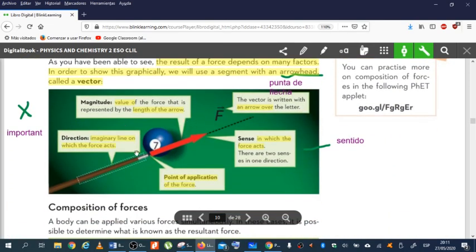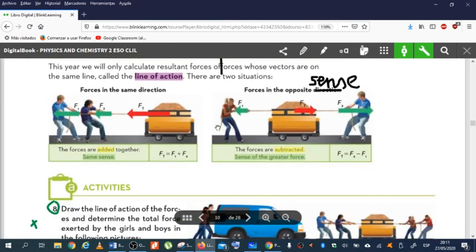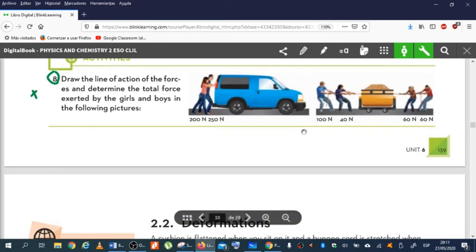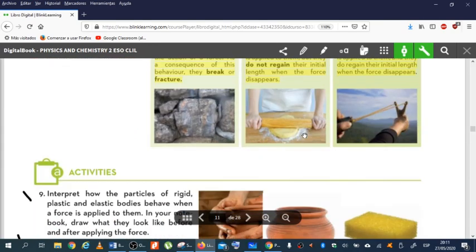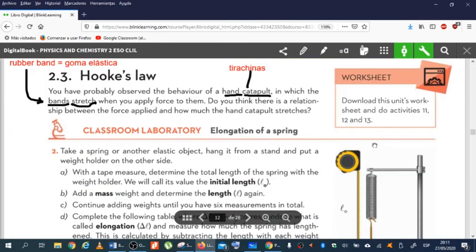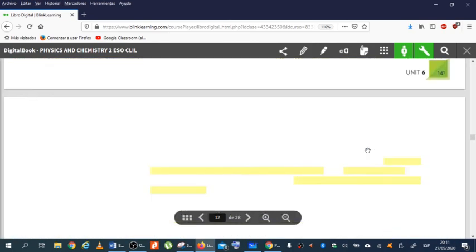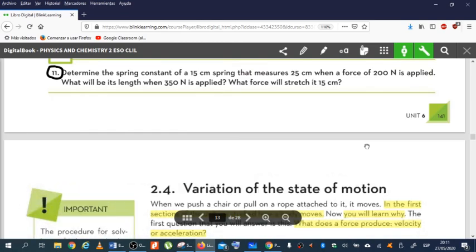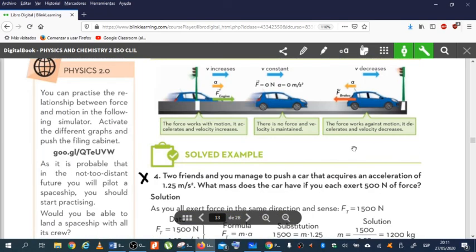These are the theories of forces, the composition of forces, types of bodies, Hooke's law, the variation of state of motion.